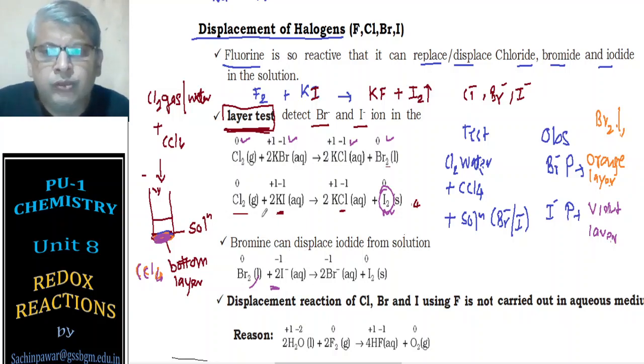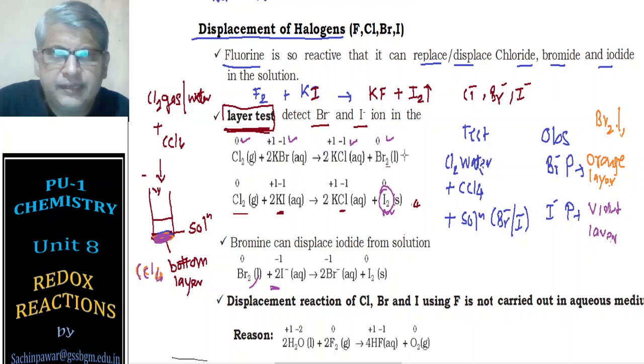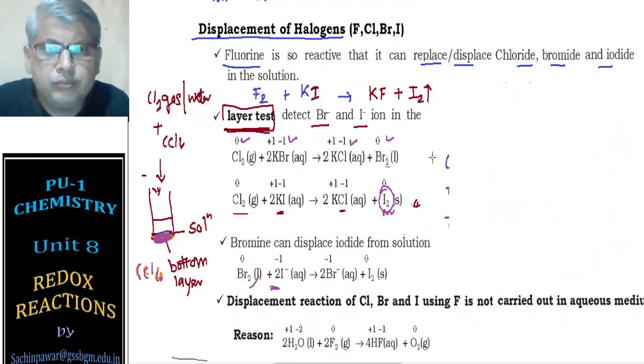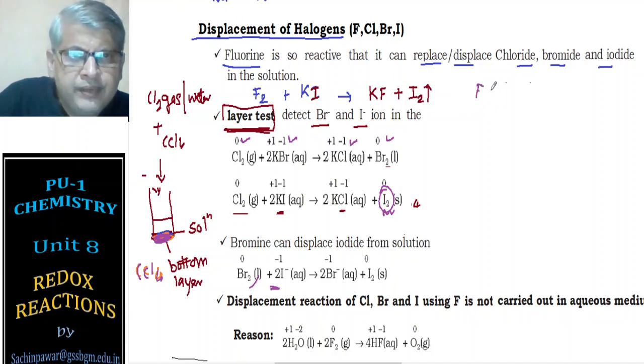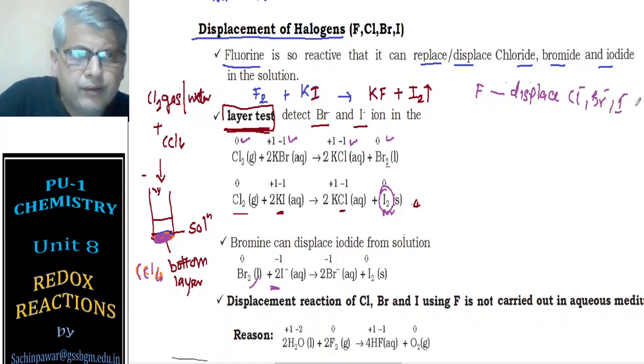One important point to be noted: fluorine displaces chloride ion, bromide ion, and iodide ion.